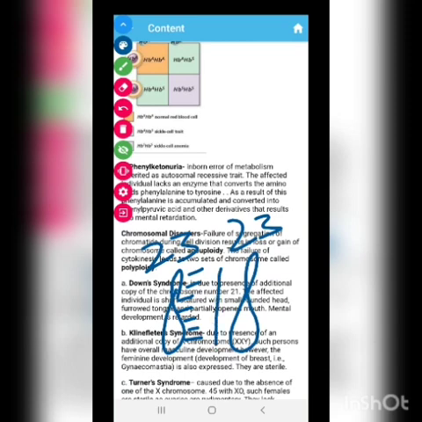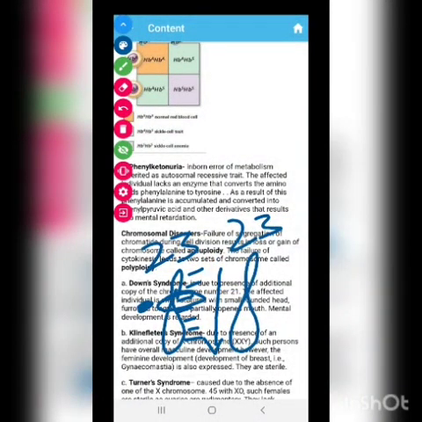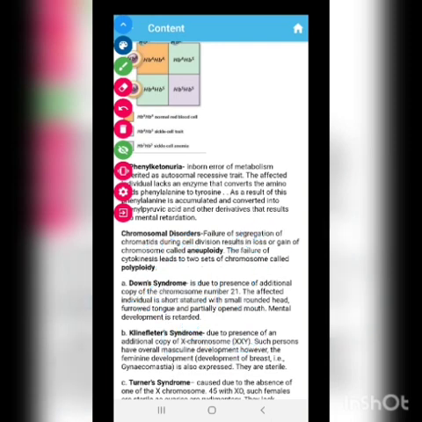So what happens in the 21st chromosome? Another chromosome comes and attaches. So in one single cell, there will be one 21st chromosome, another 21st chromosome, and one more chromosome comes.